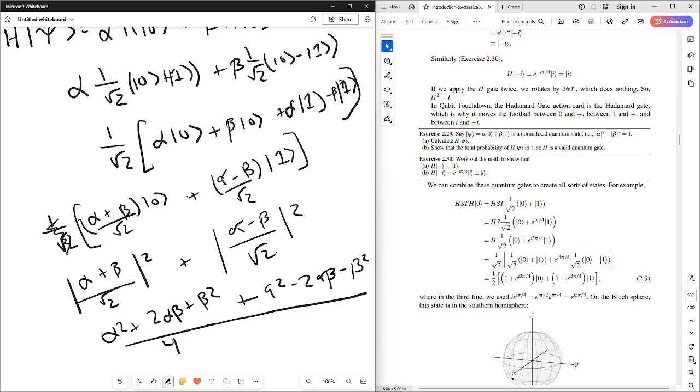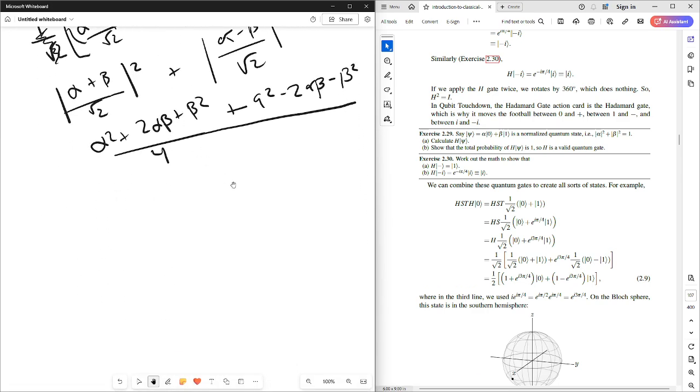Let's pull everything together here. So 2 alpha squared over 2, or pardon me, over 4.